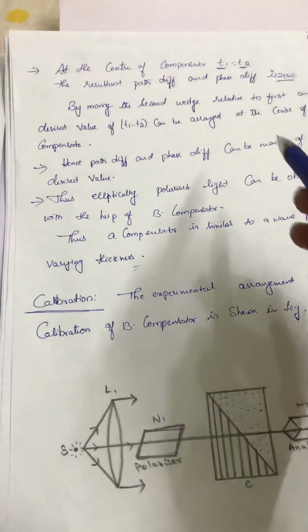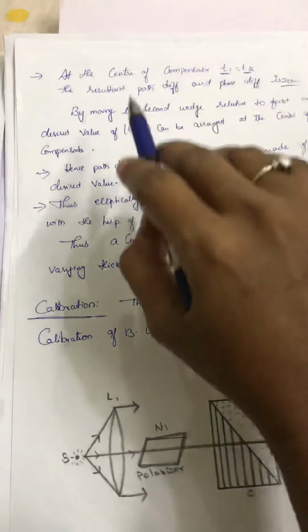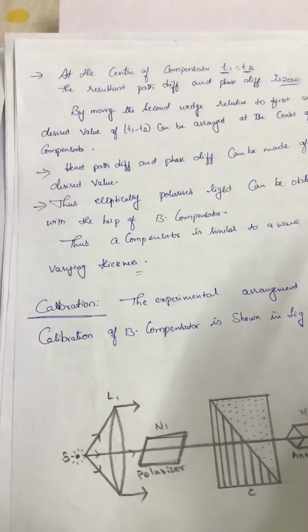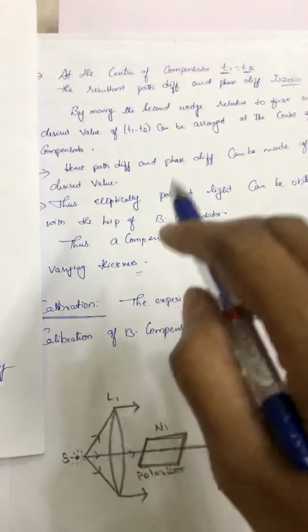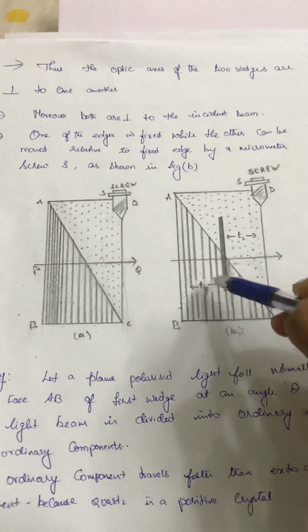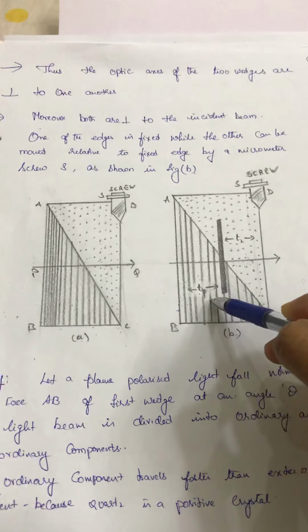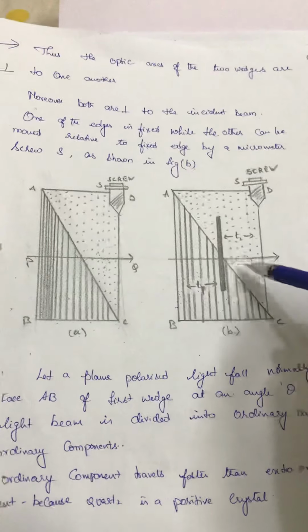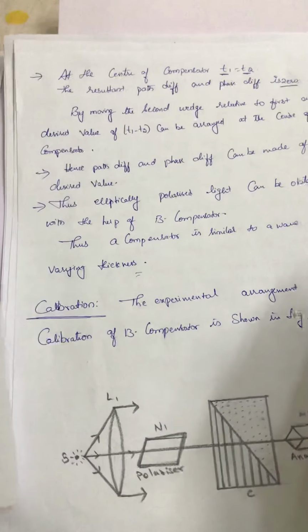So by moving the second wedge relative to the first wedge, the desired value of T1 minus T2 can be arranged at the center of the compensator. Means by moving this wedge with respect to the first wedge, our desired value of thickness can be introduced here for desired wavelengths.